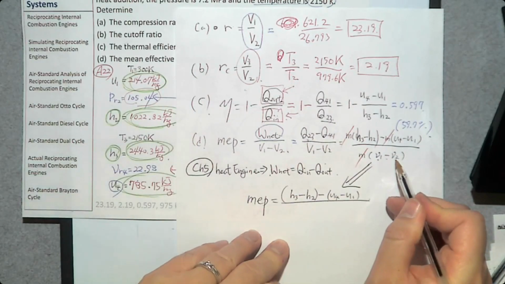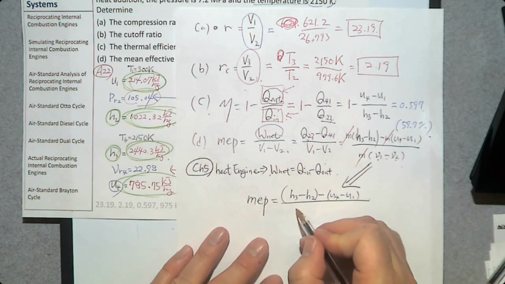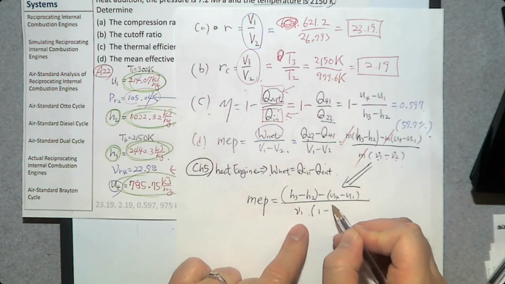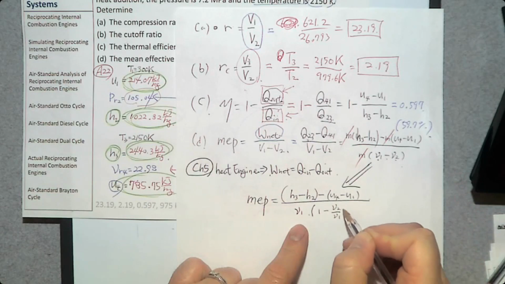Do we know V1? We can calculate V1. If you take V1 out of it, it's going to be 1 minus V2 over V1.